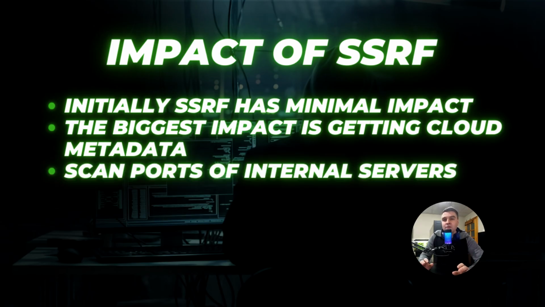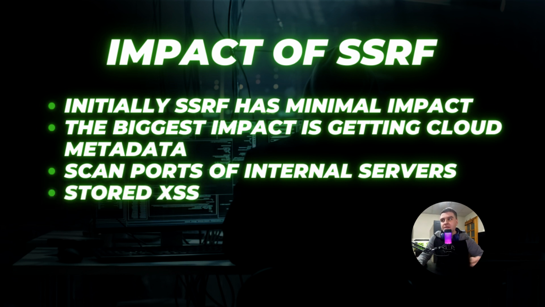Other things that you can do are internal port scans for internal servers. You can store XSS payloads, and XSS, of course, could be used to steal the data of other users. You can fully compromise servers, but as I said, your end goal is to reach cloud metadata endpoints.